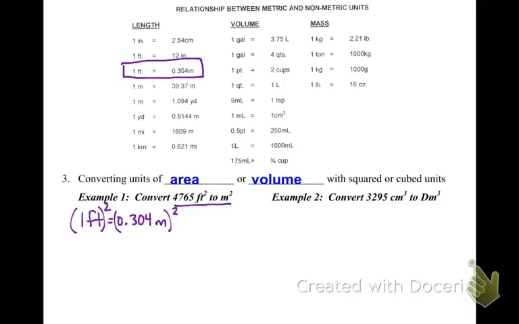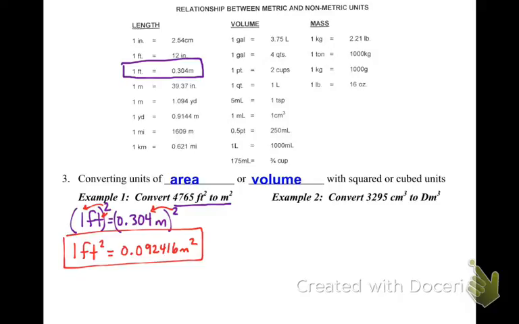So our new conversion factor would be 1 square foot, because when we distribute our 2, 1 times 1 is 1. 0.304, when that is squared, it comes out to 0.092416 meters squared. So this is now our new conversion factor that we're going to use.